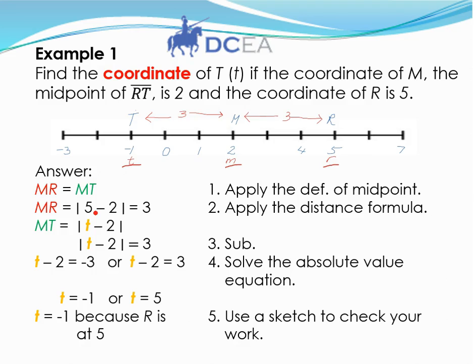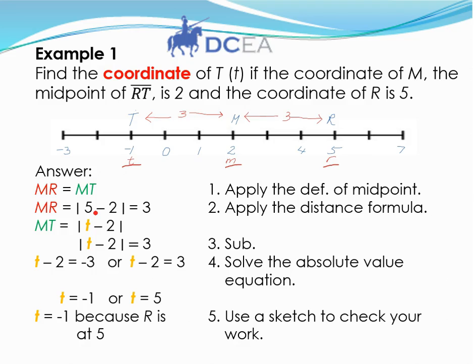So MR, M is 2, R is 5. Now you may be asking yourself, why are we not putting the 2 here and the 5? Actually, you can. You can say 2 minus 5, which would be a negative 3. But we're doing absolute value, so the answer will still be 3. If you're smart, you'll start with the larger number to subtract, and then you'll end up with a positive answer.